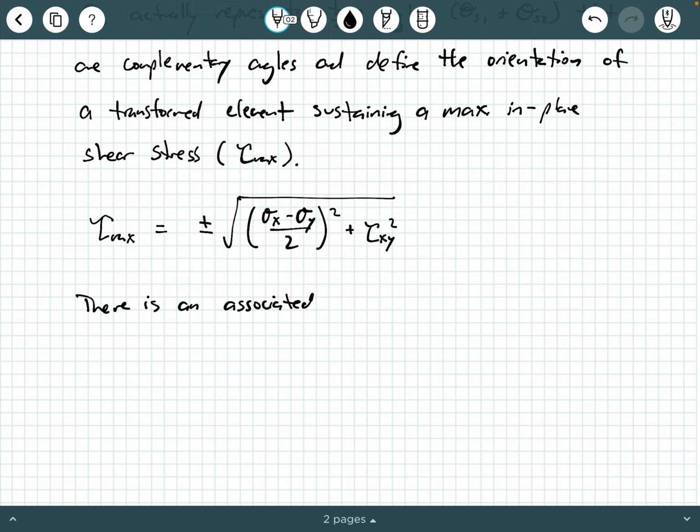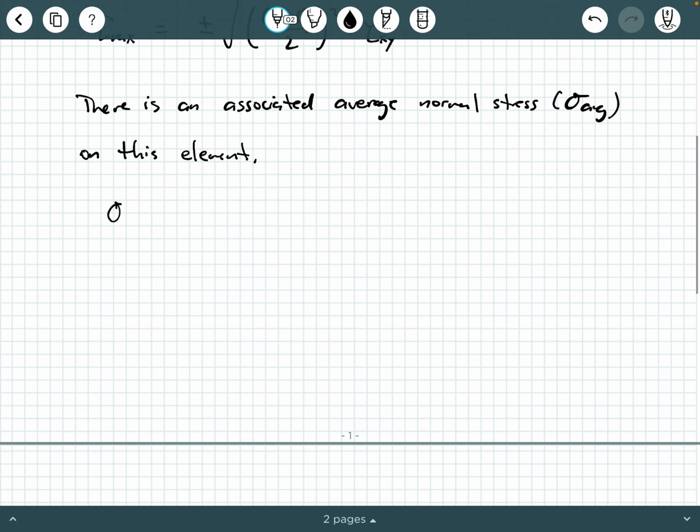We call it sigma average, and this is simply given as sigma average equals sigma x plus sigma y over 2.